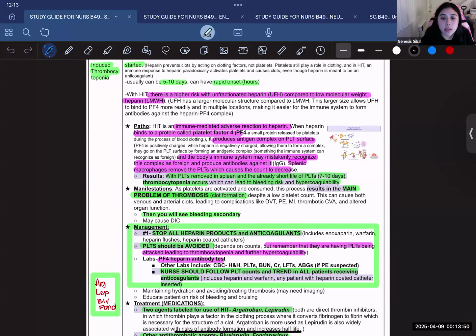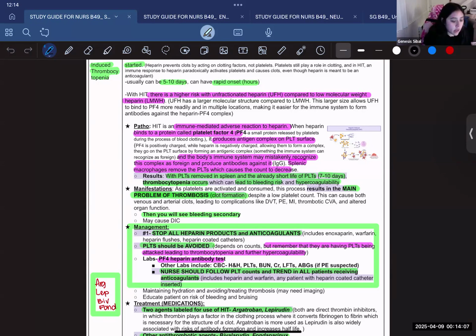The larger size allows it to bind to PF4 more readily and in multiple locations, so it makes it easier for the immune system to form antibodies against the heparin-PF4 complex. And why do you have to know this? Well, we'll talk about the patho here in a second.